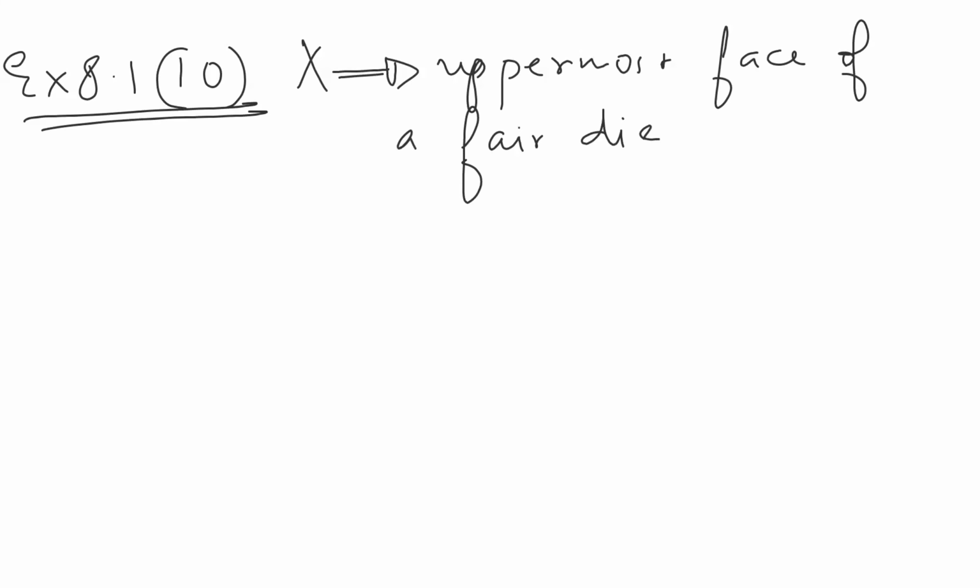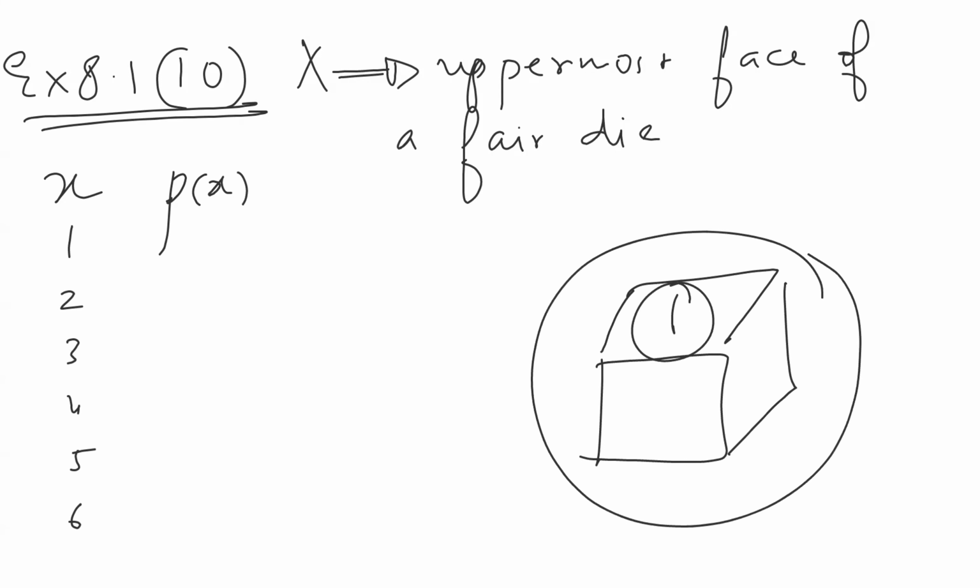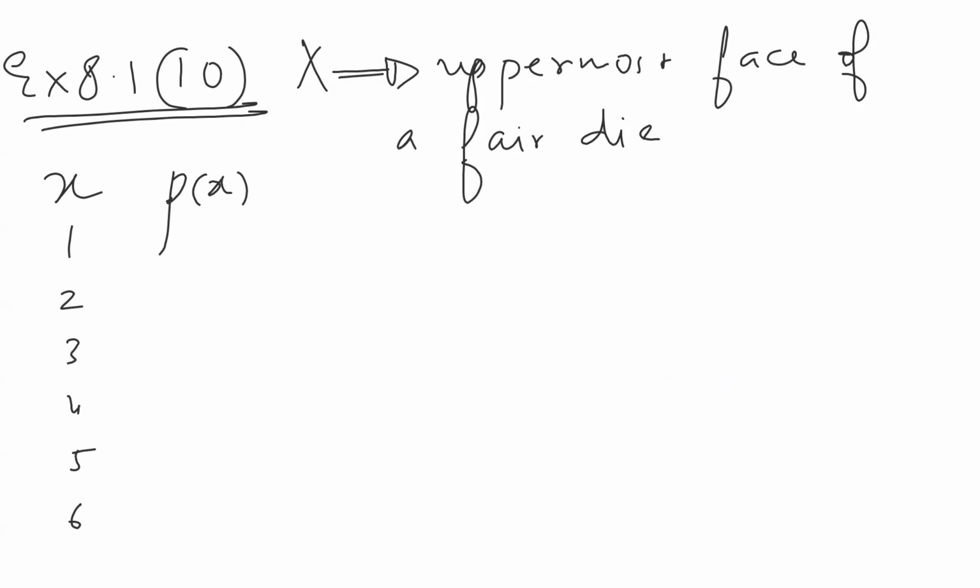So x can take up certain values of a fair die. That means we are supposed to consider only one dice. So x can take up 1, 2, 3, 4, 5, 6, all these values. Then let us write down p of x. P of x is the probability of that particular event, which is x. If the uppermost face is 1, this is one event out of total 6 faces of a die, so the probability is 1 upon 6.